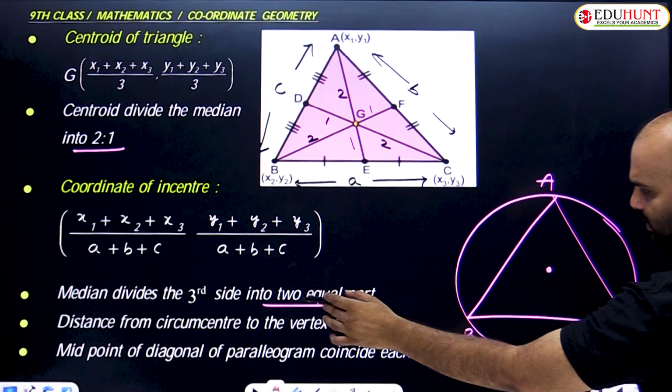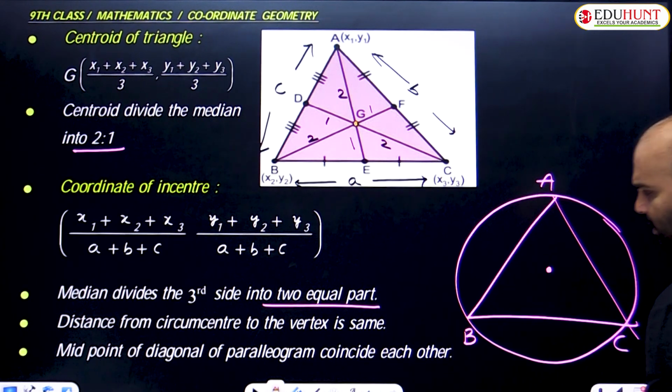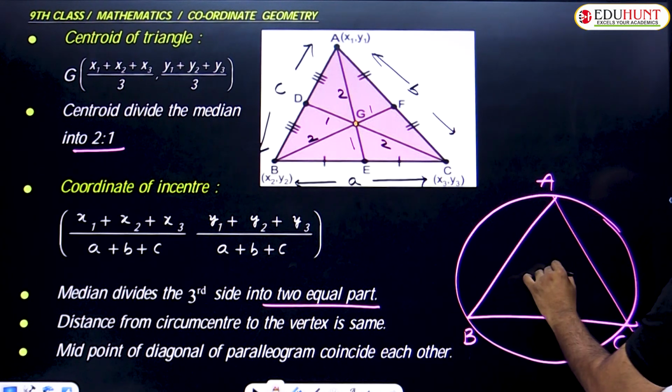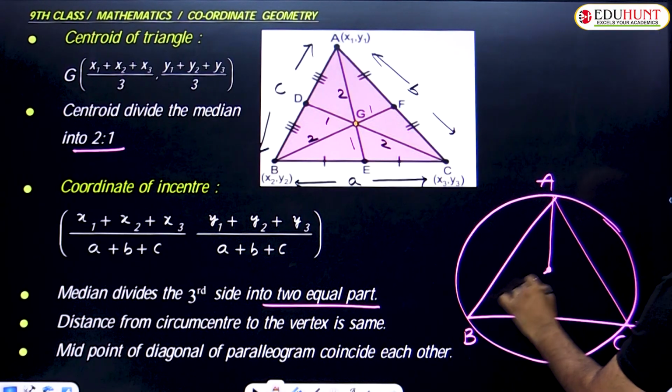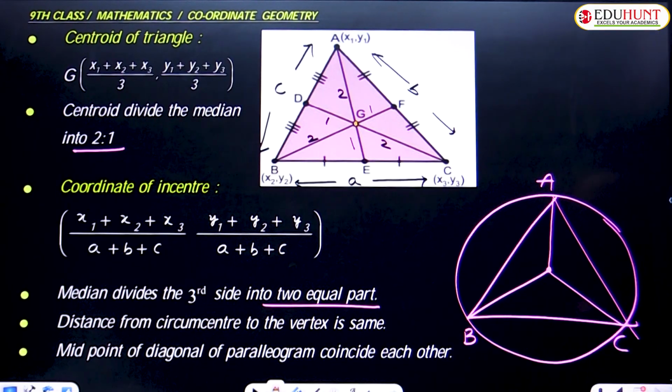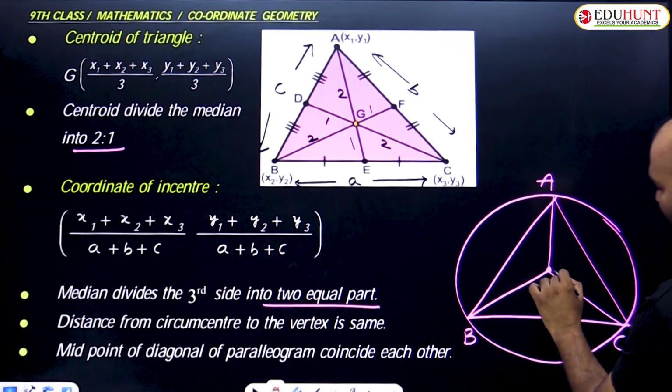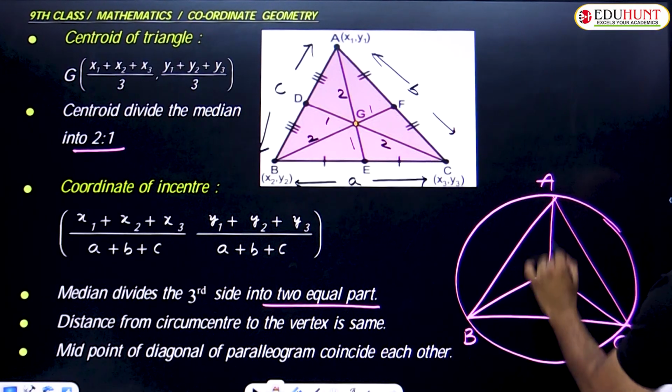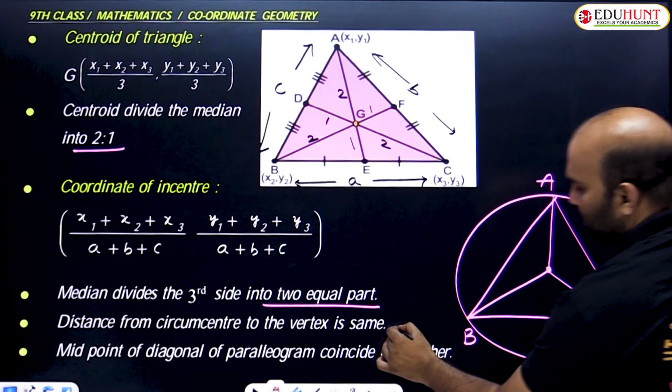So the distance from the circumcenter to the vertices is the same. This is an important point.